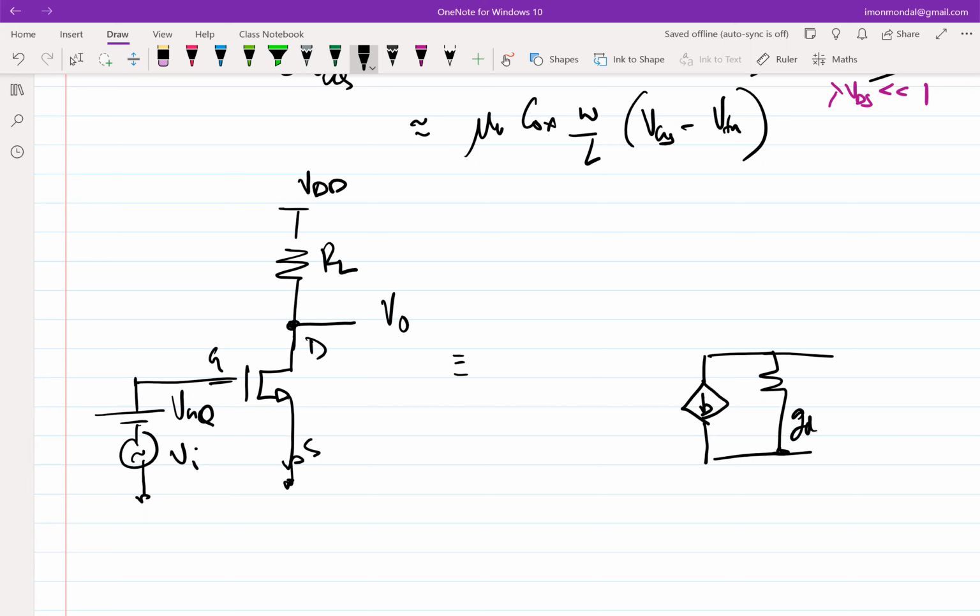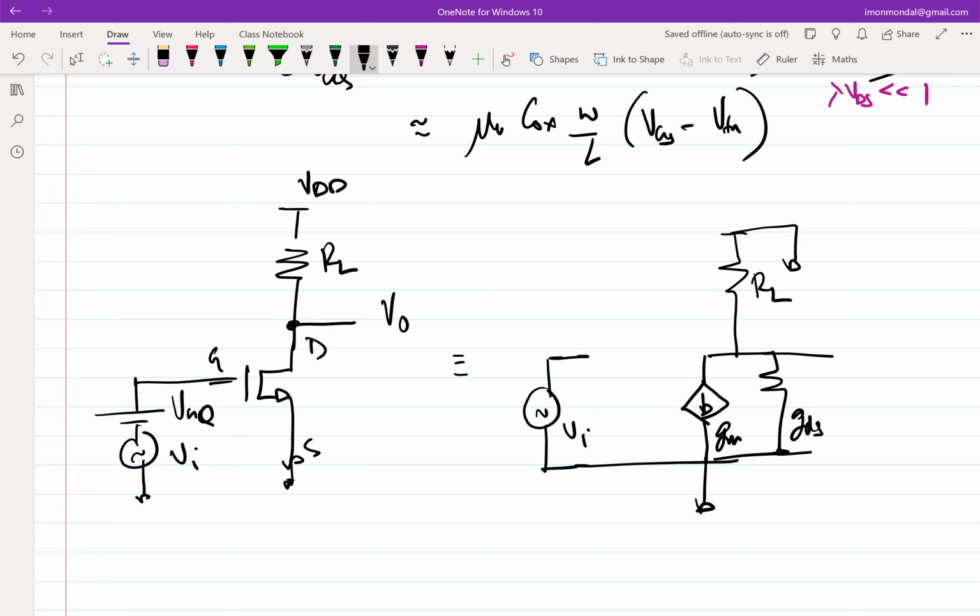You have GDS, you have GM times Vi, and you have RL. So earlier the GDS was not there, now you have a GDS. So how will your analysis change?